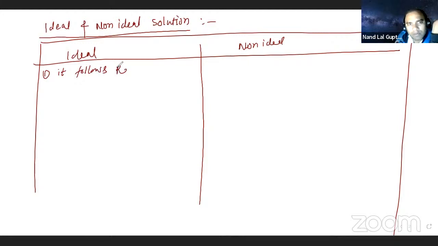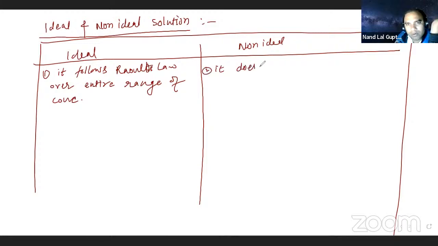It follows Raoult's law over the entire range of concentration. And the other does not follow Raoult's law.